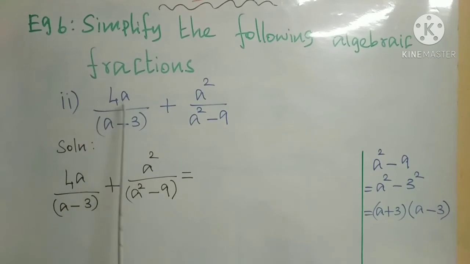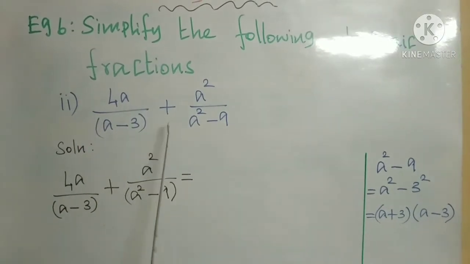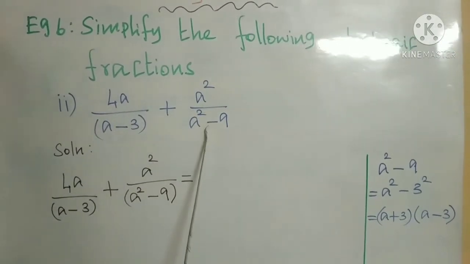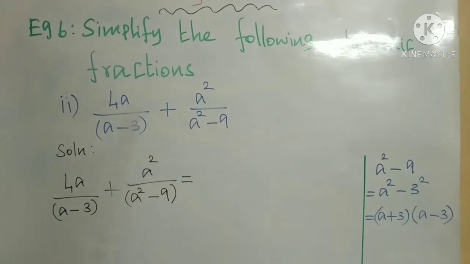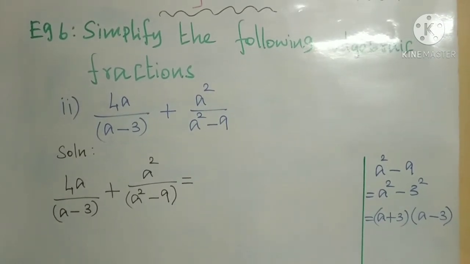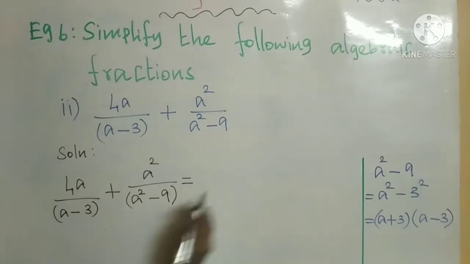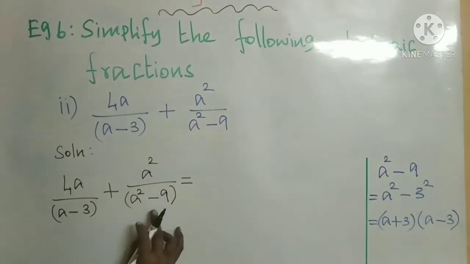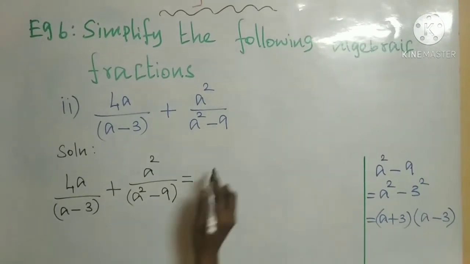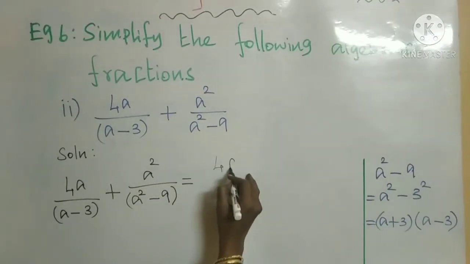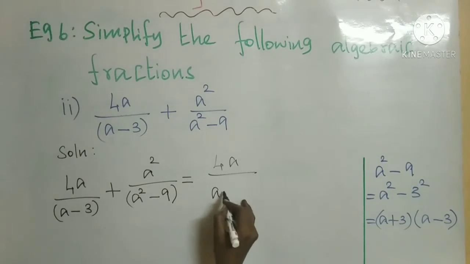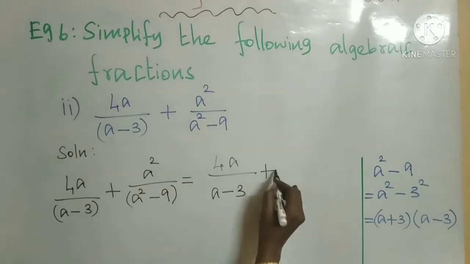Second subdivision: 4a by a minus 3 plus a square by a square minus 9. Here, 4a by a minus 3 plus a square by a square minus 9, first step we have to find the LCM for the denominators.